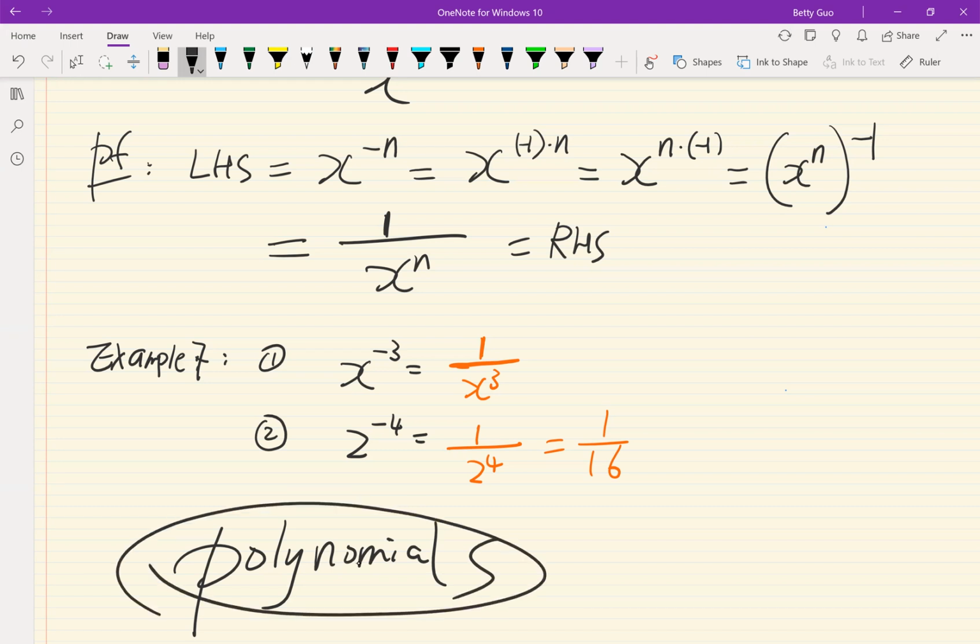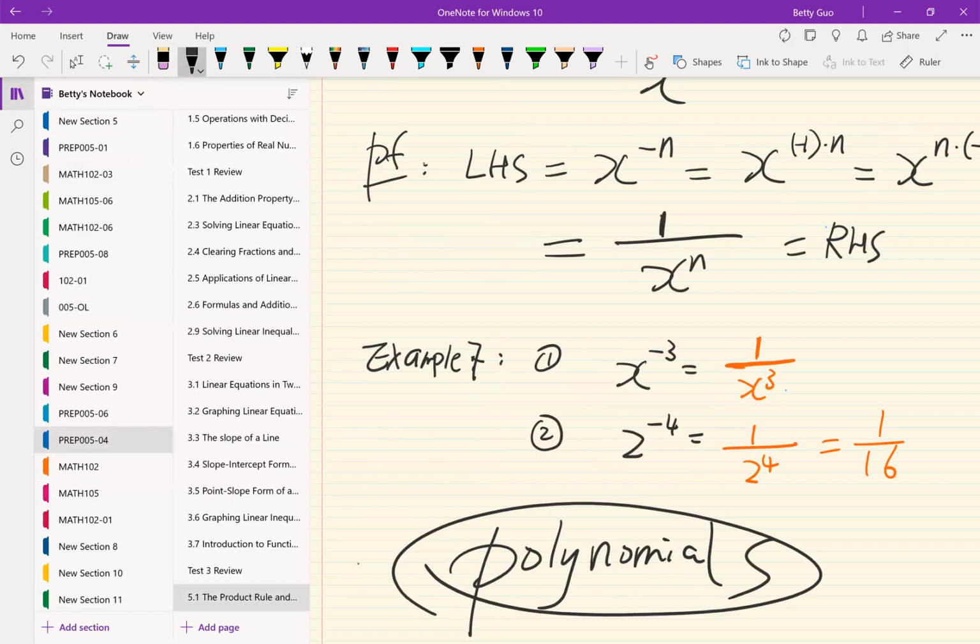So the focus of this chapter, chapter 5, is polynomials. Let's take time to understand what a polynomial is.